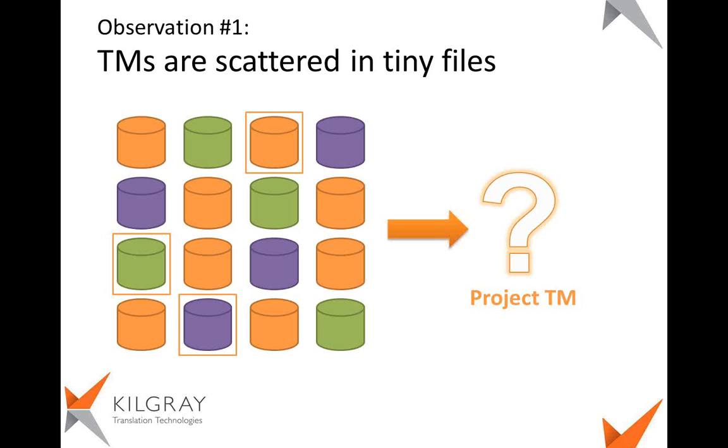So when we were thinking of and talking about translation memory management challenges, we made three basic observations. And the first one of those is a situation when translation memories are scattered in tiny files, where those files are not necessarily very tiny, but there could be thousands of them.